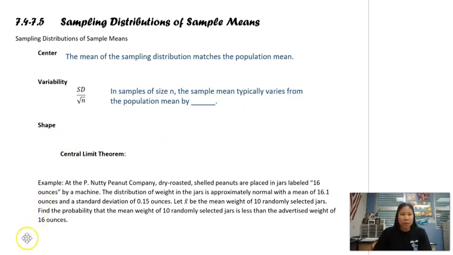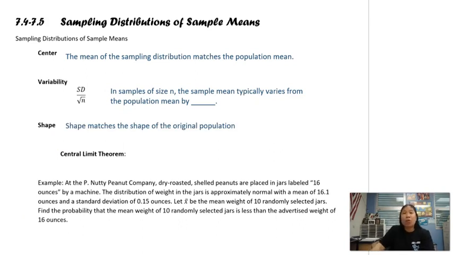The shape is similar to what we had before. The shape of our distribution is going to match the original population. But just like before, we had a way to make it normal. With proportions, we did that: n times p and n times 1 minus p had to be greater than 10. With means, you can't do n times p or n times 1 minus p because we don't have a p.